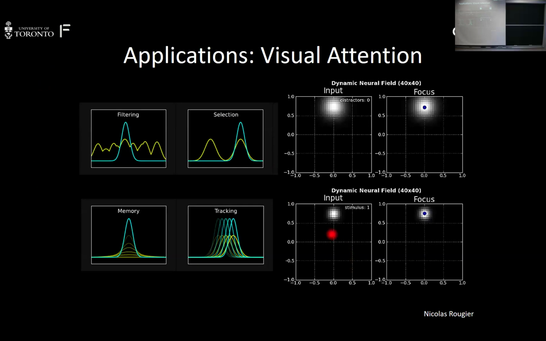So these are some of the general ideas about what we can think of as the computational role of the spatial part of the neural field organization that we've been thinking about. We had all these shapes over space. We had bumps.